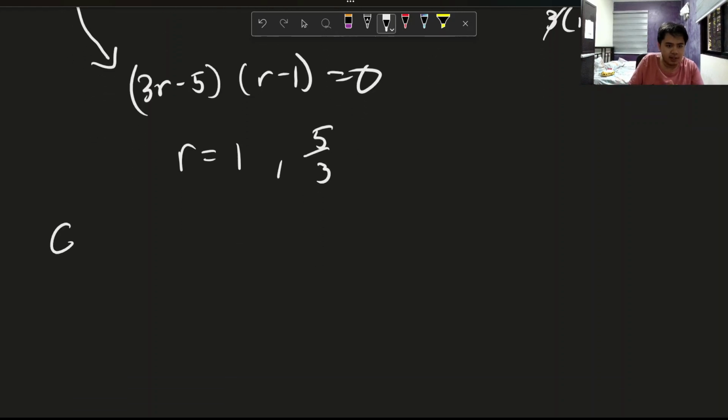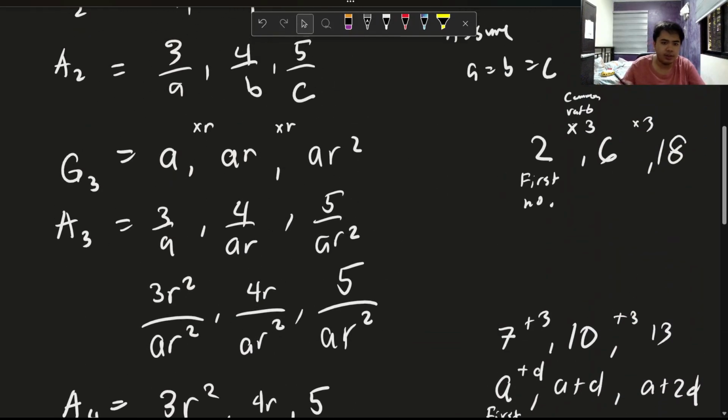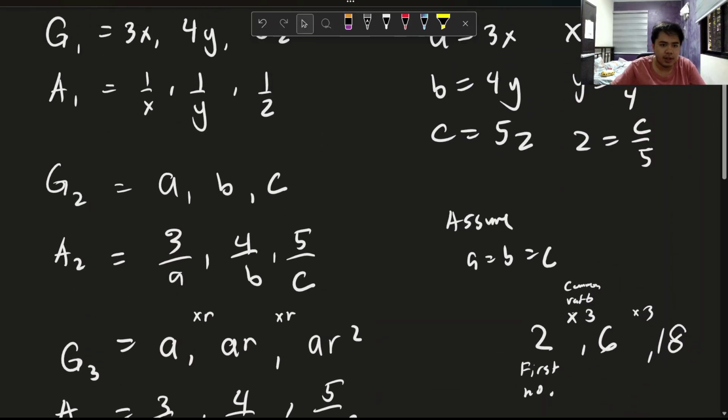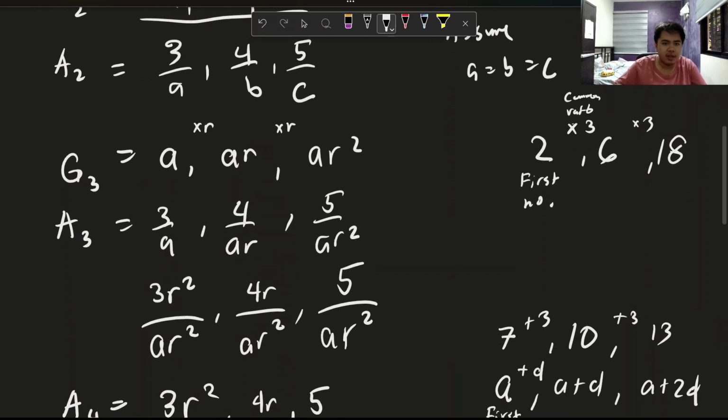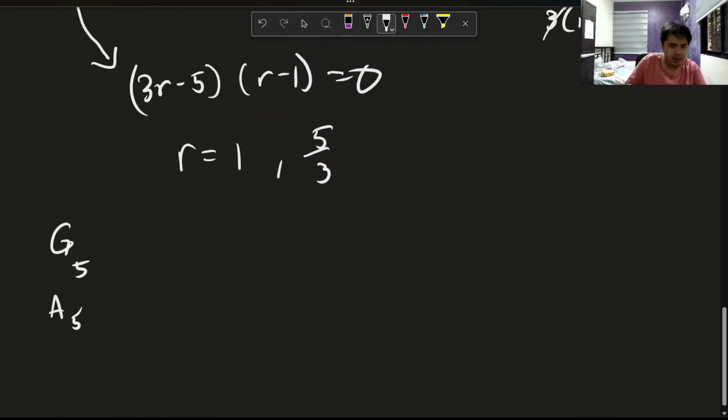So now let's make another geometric and arithmetic sequence. A, B, and C earlier became A, AR, and AR squared. So we will now copy that. A, and then AR.